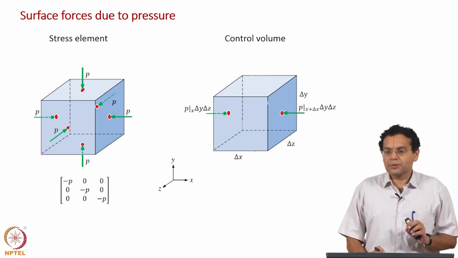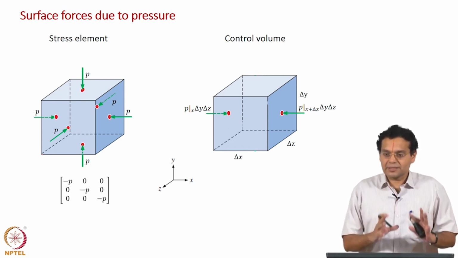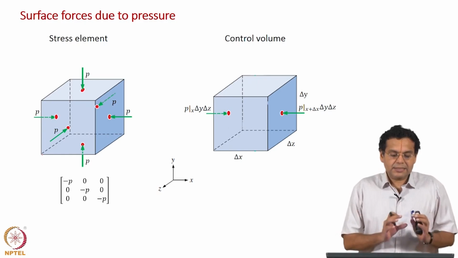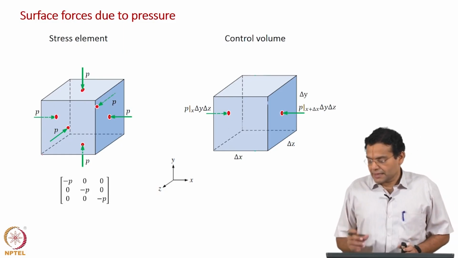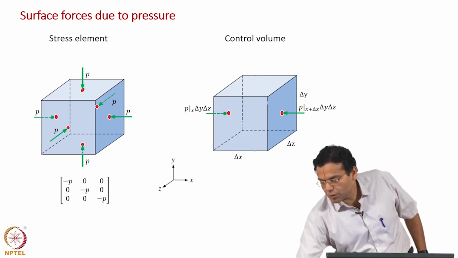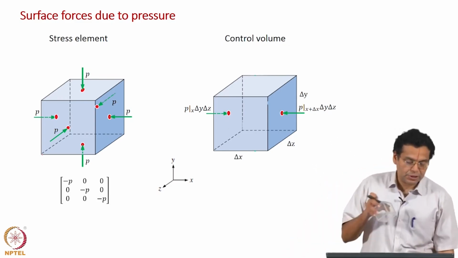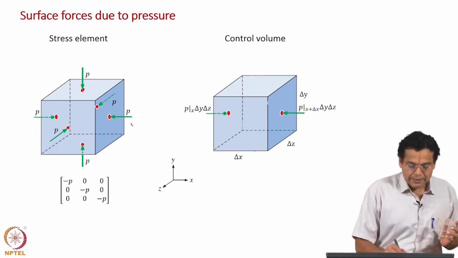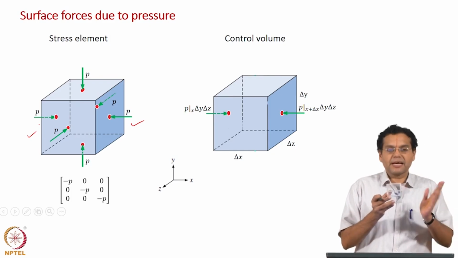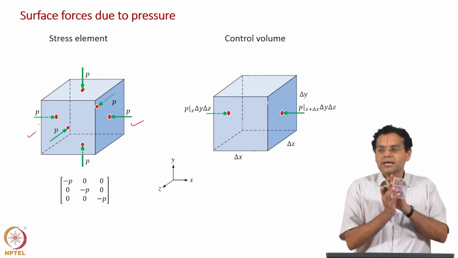Stress element, as I told you, is just a representation of the state of stress. In this particular case, it just tells about the pressure forces acting alone. Okay. Though it is shown as a cube, you have a right hand side face, and then the left hand side face is not physically away, it is just the opposite side of the same face.